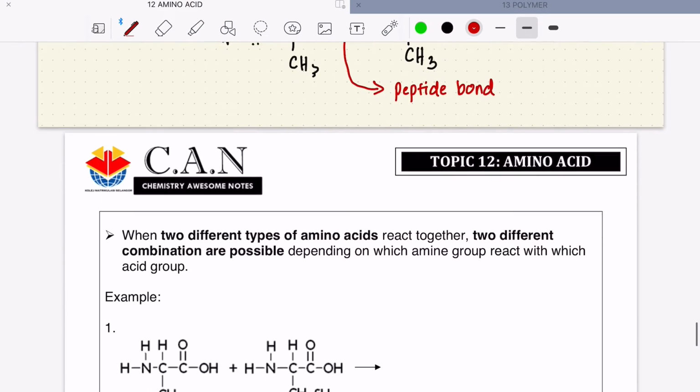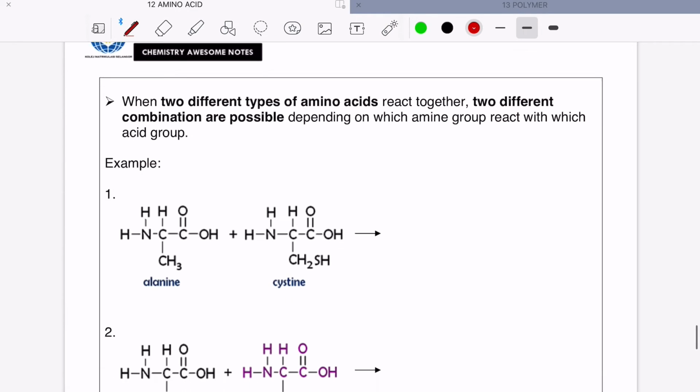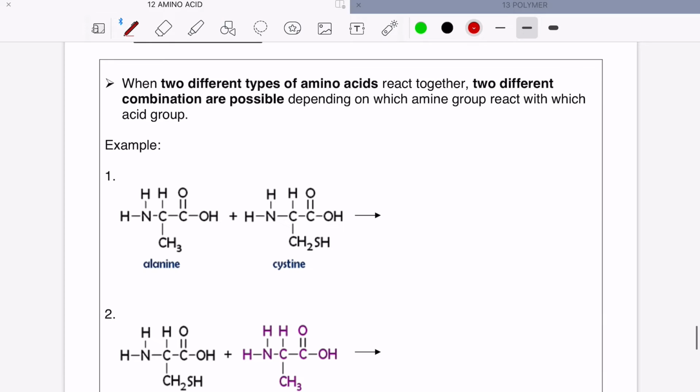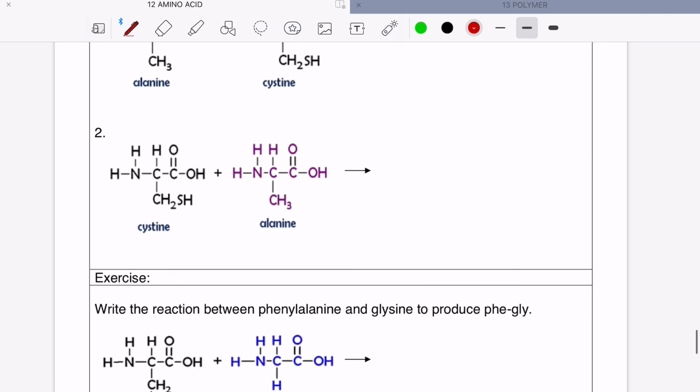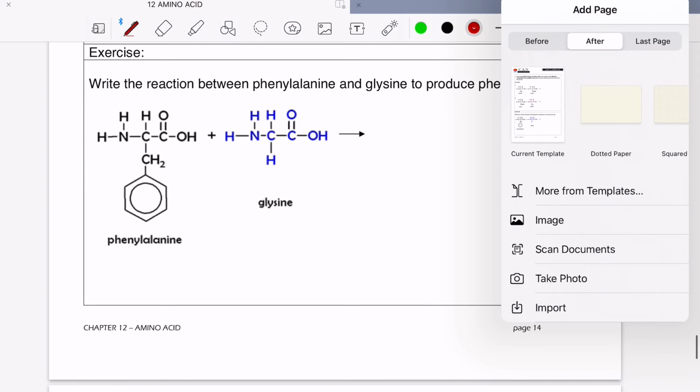Now this is the first example. Now let's take a look at what happens if they have different amino acids. We have here alanine cysteine, and the second one is cysteine alanine. So what is the difference? I'm going to make a new one as well.